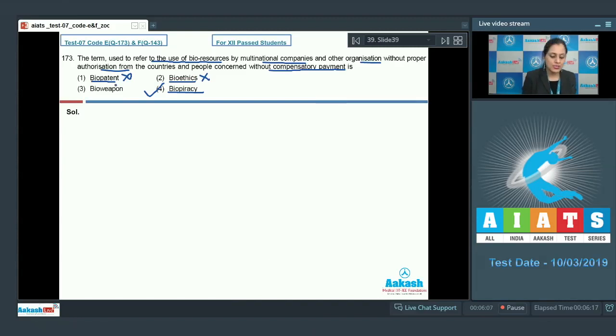And the next option is bioweapon, and this is an incorrect option because bioweapons are biological agents such as bacteria, fungi, viruses, etc. with an intent to kill humans, plants, animals as an act of war. So this is also an incorrect option, and the correct answer to this question is option number 4. Let's proceed to the next question.